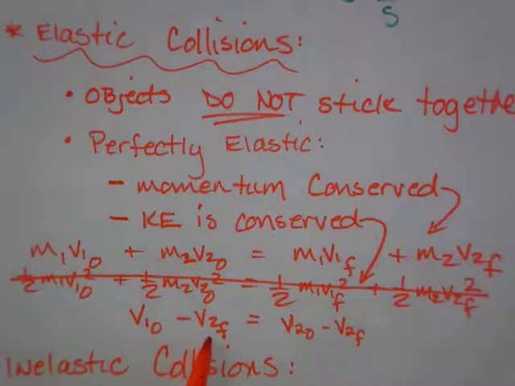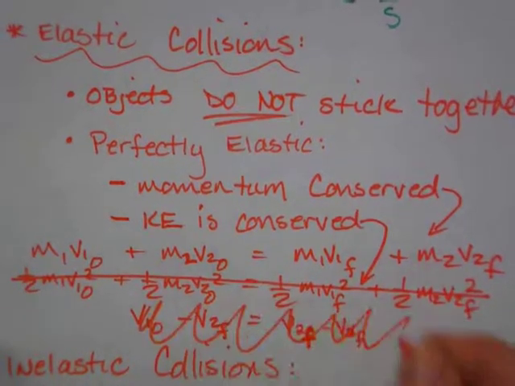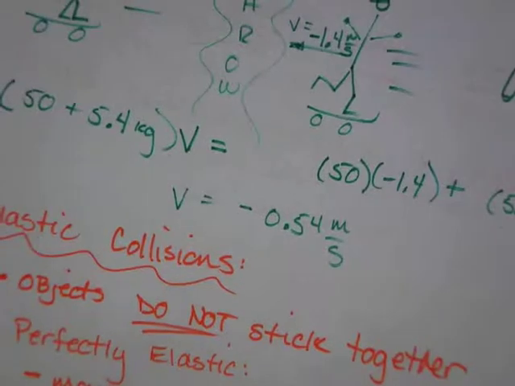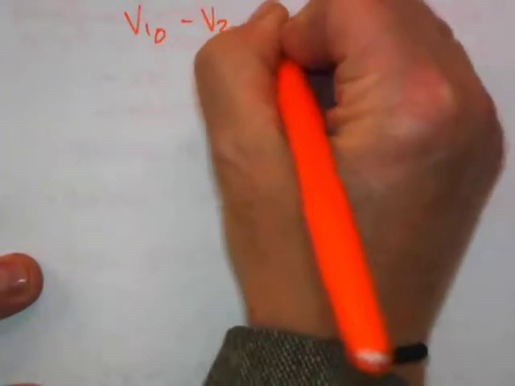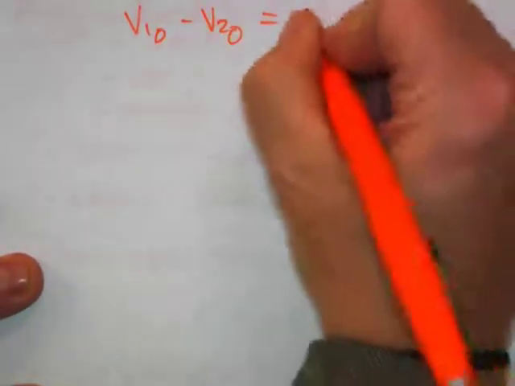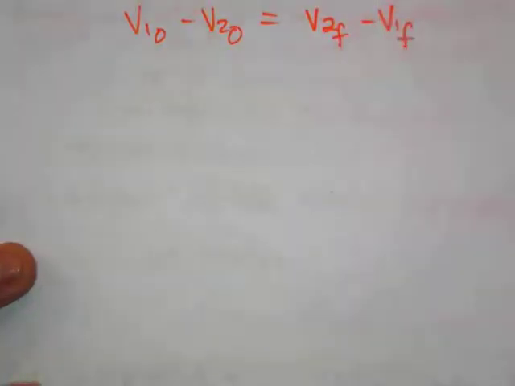So V1 initial minus V2 initial will equal V2 final minus V1 final. Let me rewrite this so that you can actually understand it. Here we go. V1 minus V2 initially will equal V2 final minus V1 final.